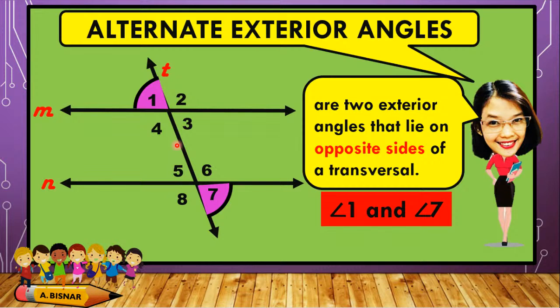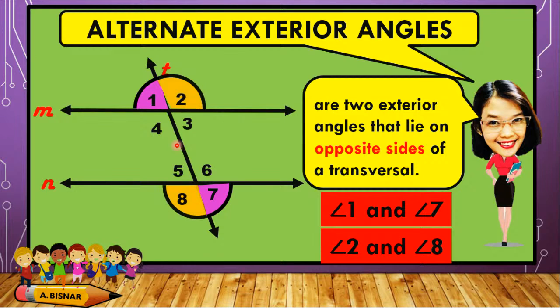And the other one will be angle 2 and angle 8. So it's very easy to identify, right? It's very easy because you already know the difference between interior and exterior.